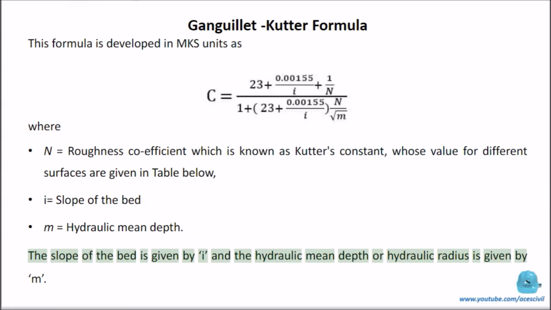The slope of the bed is given by i and the hydraulic mean depth or hydraulic radius is given by m.